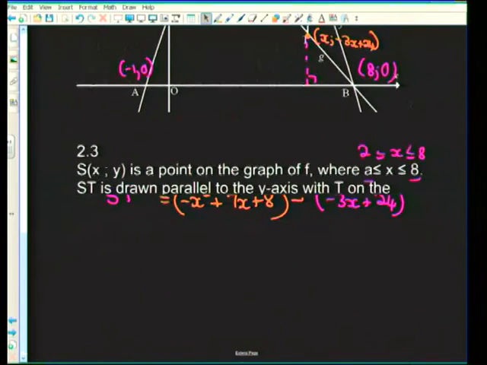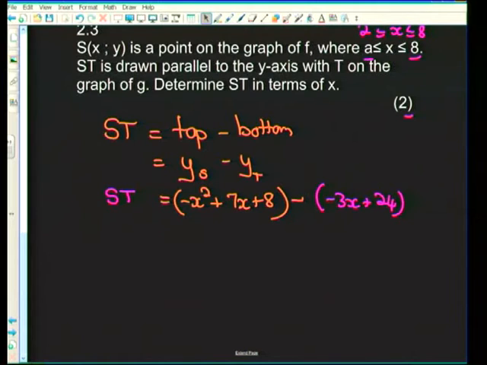Right, so now it just becomes an exercise in tidying up because they asked me to give the answer in terms of x. And those are x's, so all I've got to do is make it look better and we have got it organized. So it's minus x squared plus 7x plus 8. Effectively, that's like having a minus 1 in front, so we're going to multiply it in.